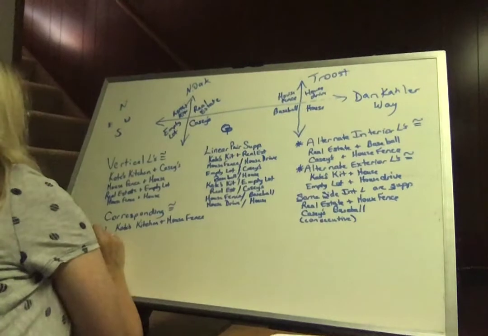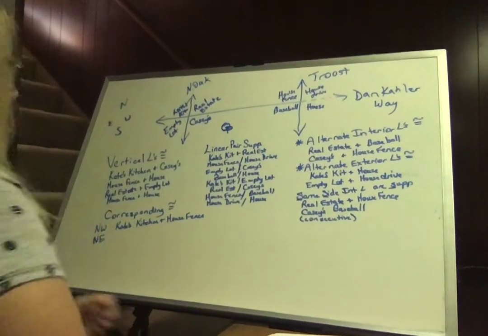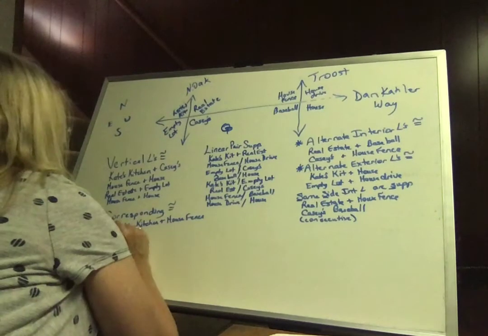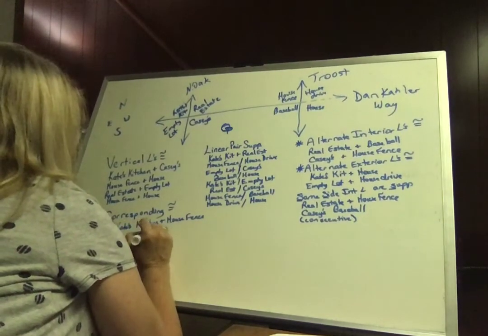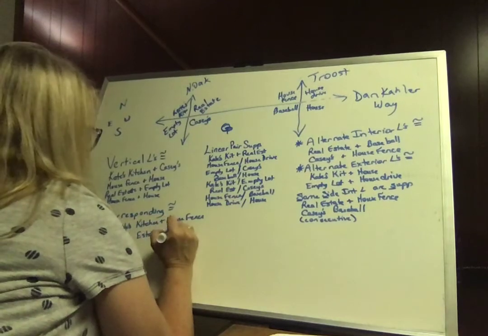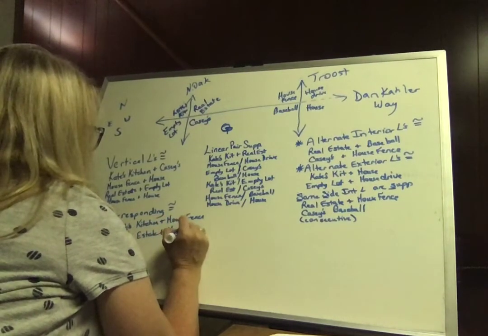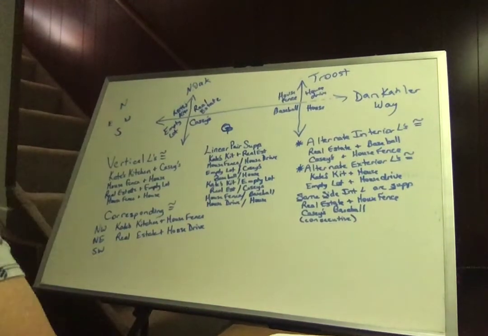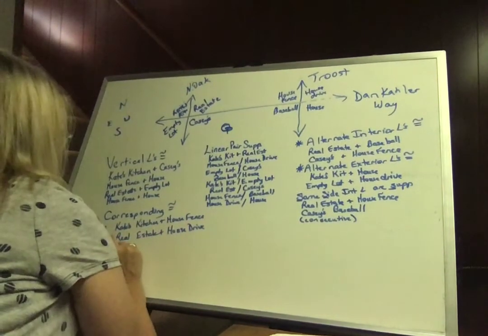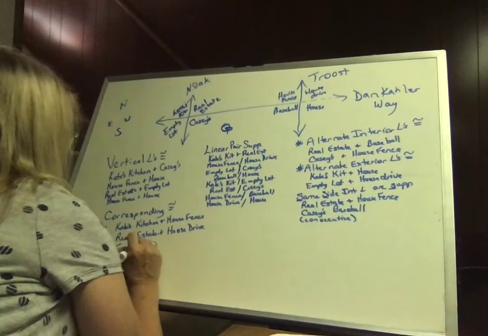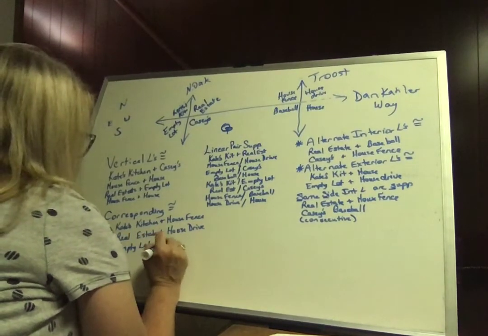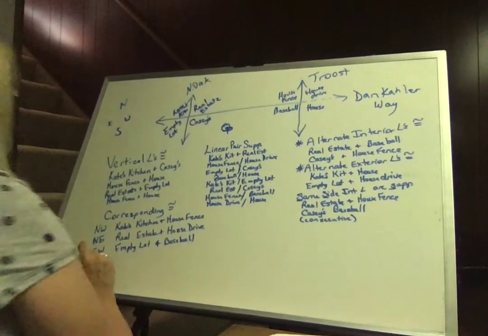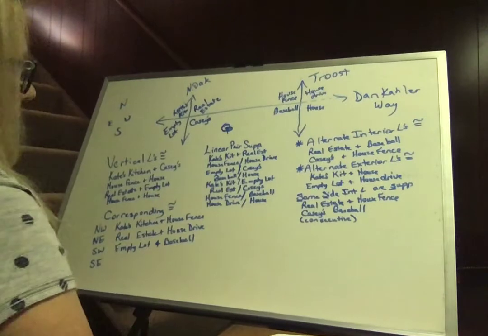Both northwest. That means we'd also have northeast. Do you know which 2 are both northeast? Real estate and house with the drive. So then we have southwest, empty lot, baseball. And one more, southeast, Casey's and house.